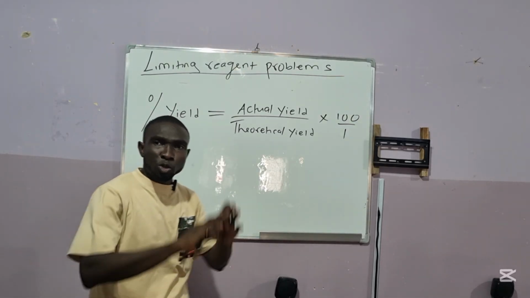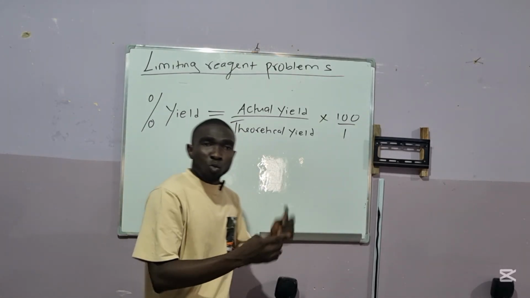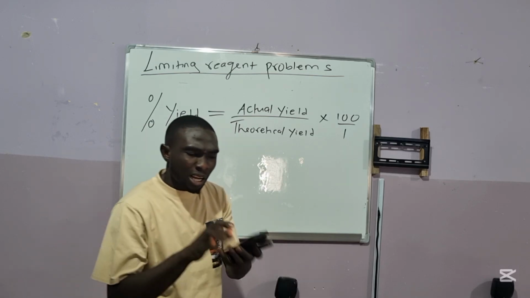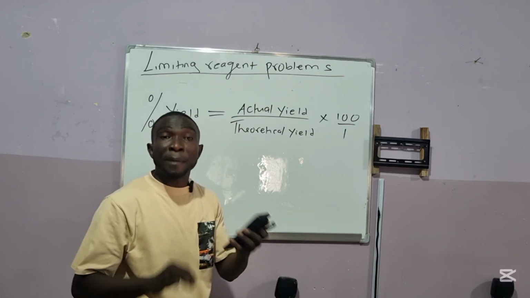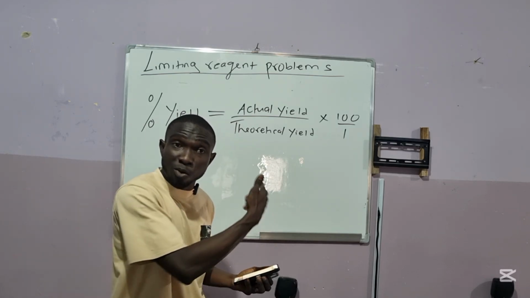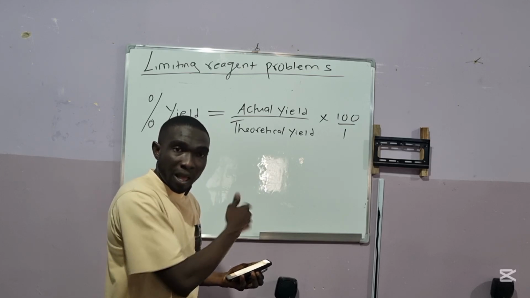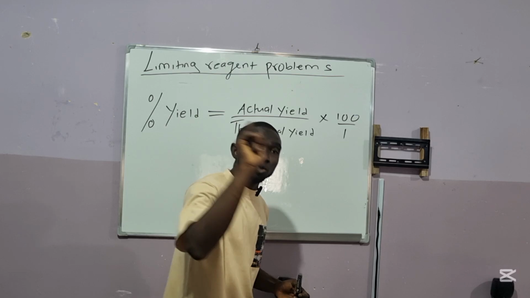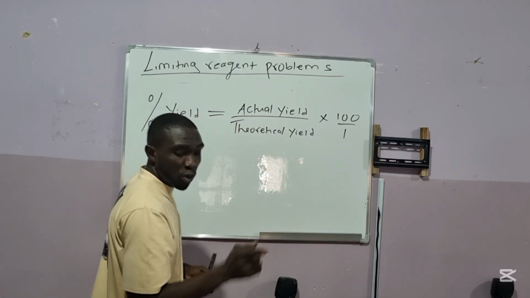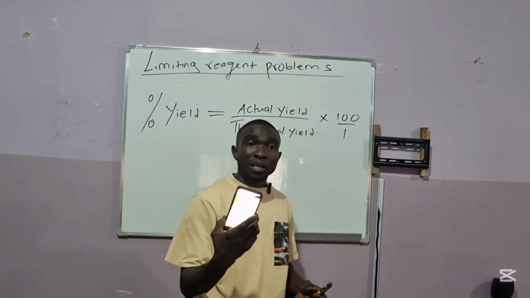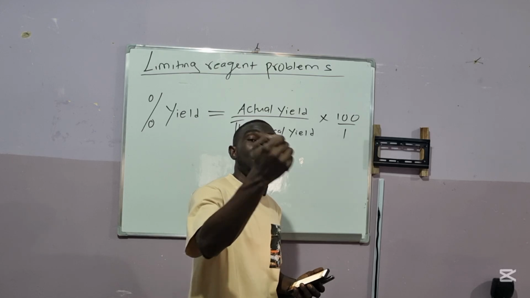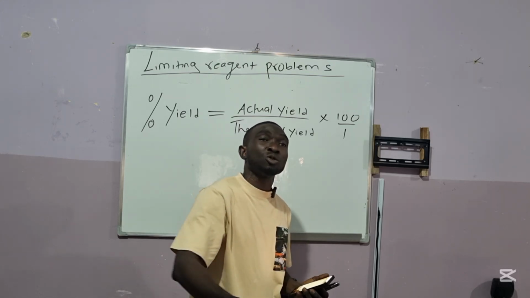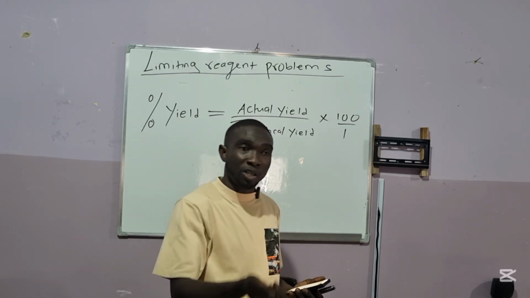Now if you go through that problem, you notice that when we solved the D part of the question, we obtained the theoretical yield, and we got it at 27.27. And the question has given us the actual yield. Why will the question always give you the actual yield? Because the actual yield is also called the experimental yield.